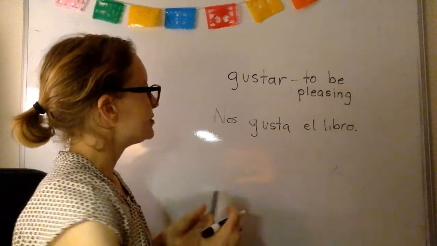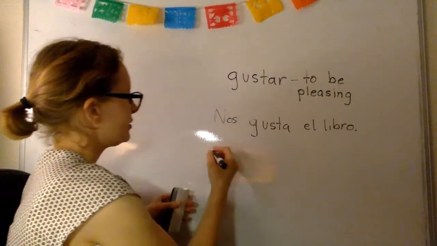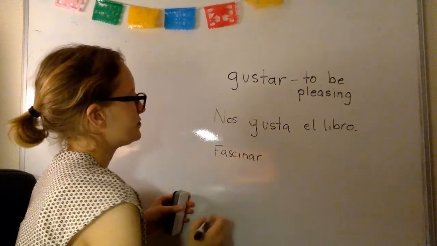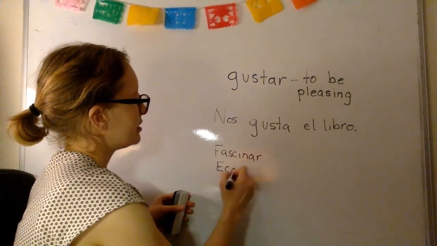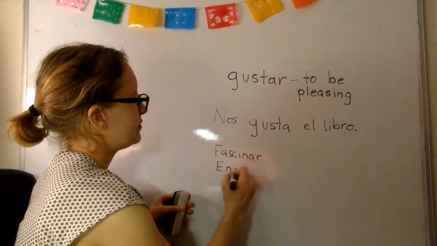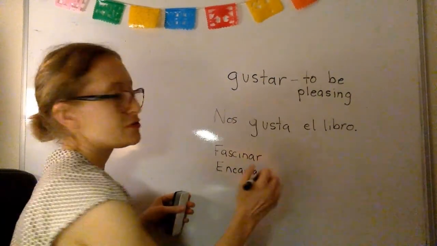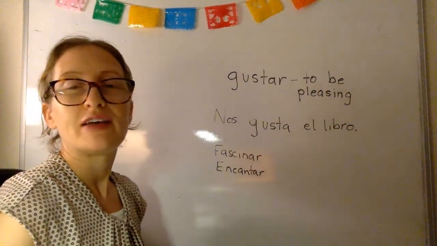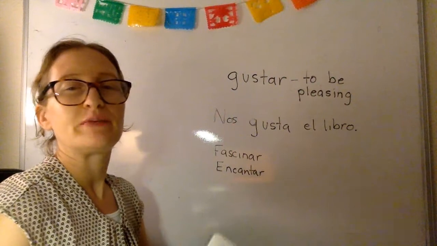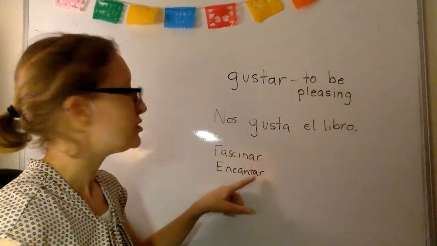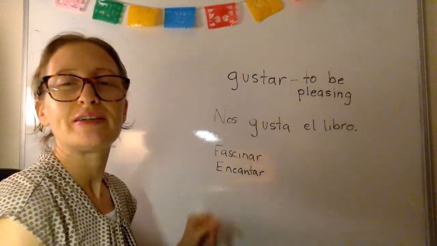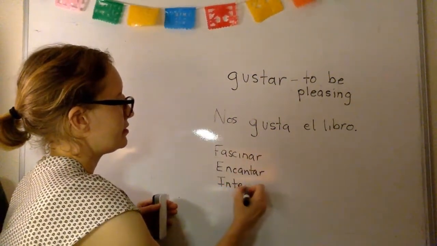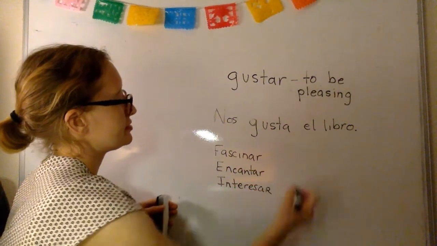Now, there are other verbs that function like gustar. Some examples are fascinar, to fascinate, encantar, this might translate very directly as to enchant, but more commonly we translate it as to love. But you might think of it as to enchant if you're a beginning student. Interesar, to interest.